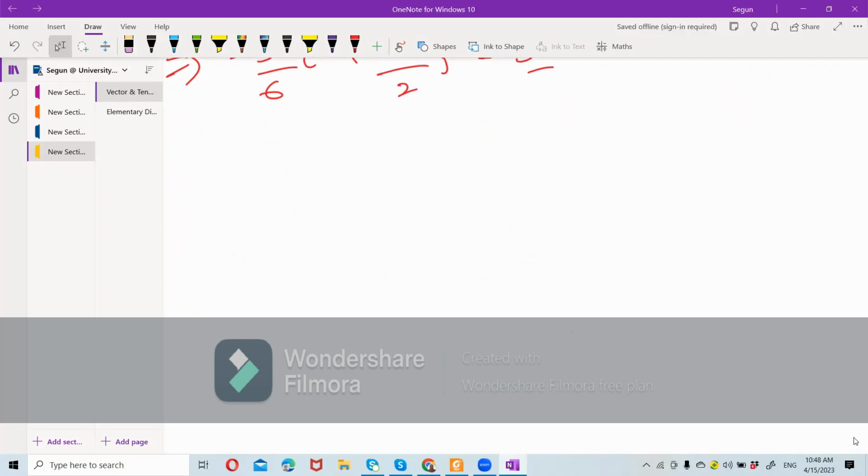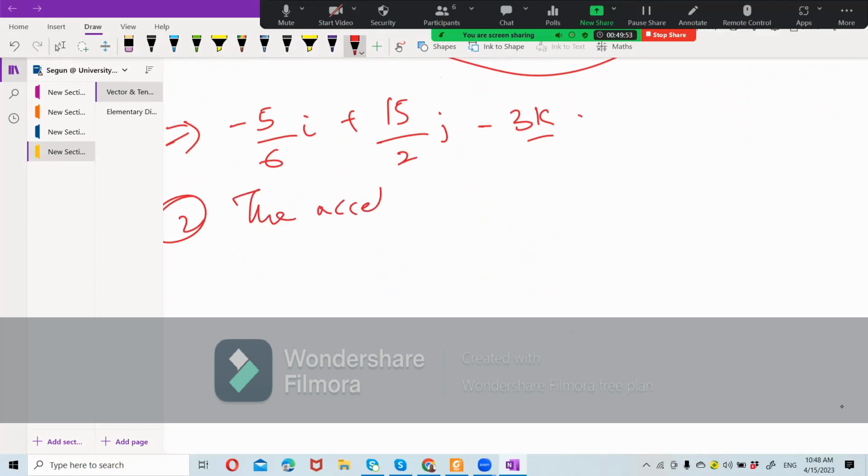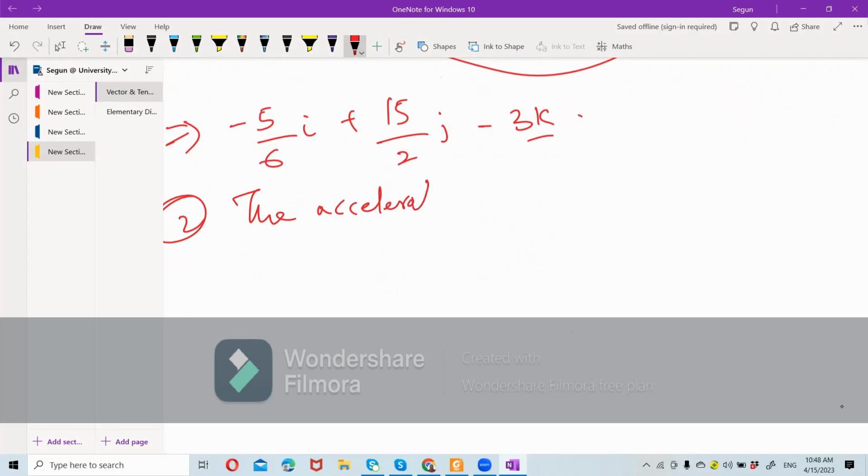Please, sir, can we see the final answer? We've not copied before you move it. Can you see it now? Okay, let's write the acceleration. Let me do this one. Of a particle, I know you've seen this question before.